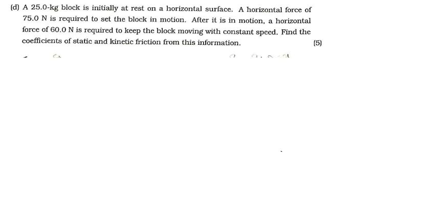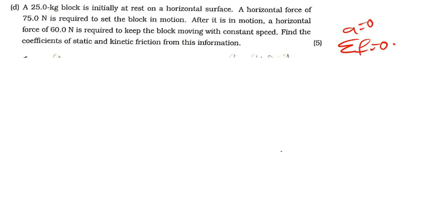After it is in motion, we have changed from static friction to kinetic friction. A horizontal force of 60 newtons is required to keep the block moving with a constant speed. Constant speed means acceleration of 0, meaning the net force is 0.